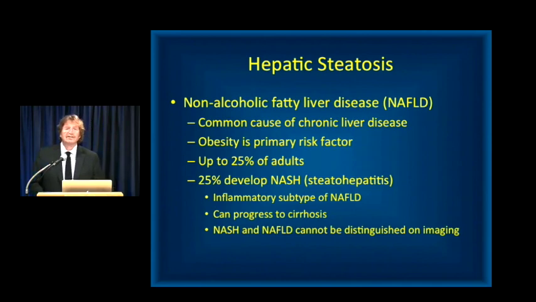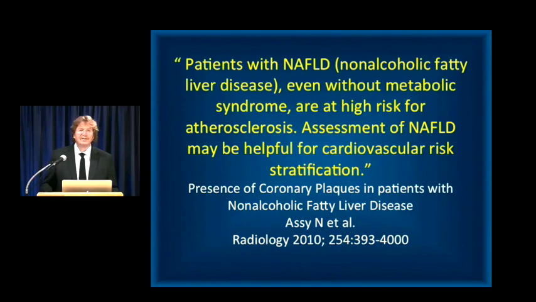It's a common cause of chronic liver disease. Obesity is the primary risk factor. It occurs in up to 25% of adults, and about 25% of these patients develop NASH, which is an inflammatory subtype of NAFLD. It can progress to cirrhosis, and NASH and NAFLD really can't always be distinguished on the basis of imaging.